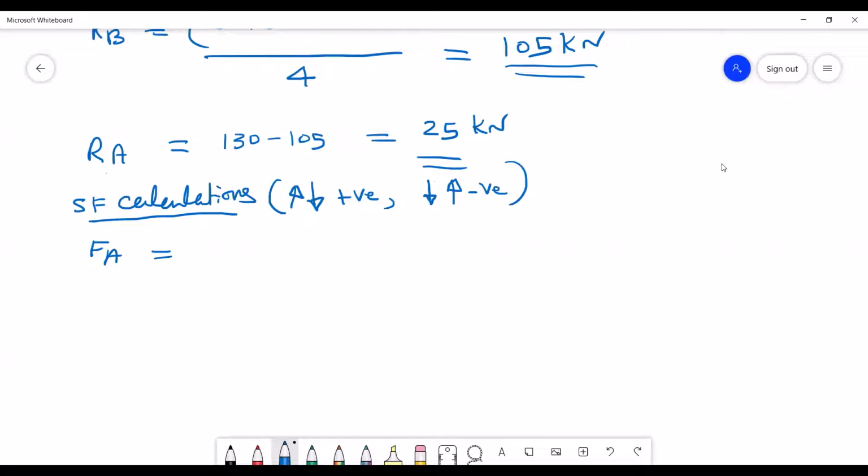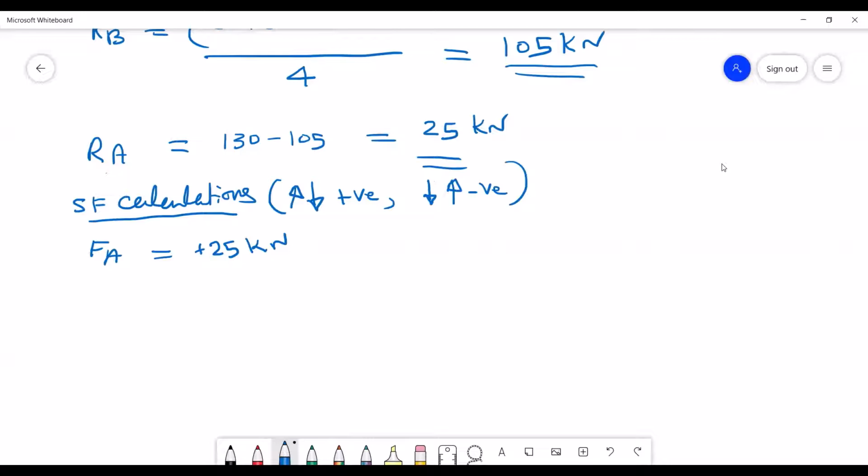Kindly go through those videos if you have any doubt in taking the shear force from the beam. So here 25 is there, the support is going up, so we take it as positive 25 kilonewton.